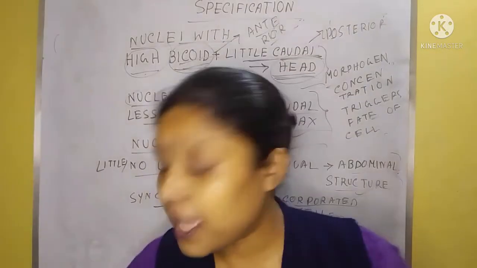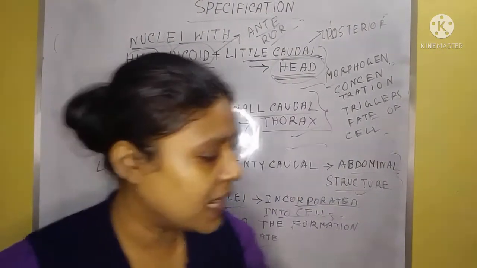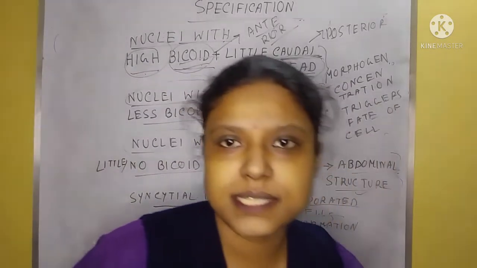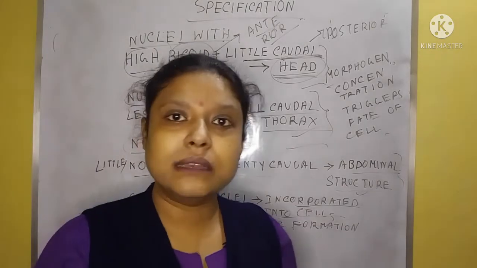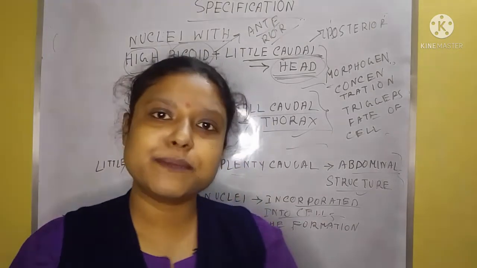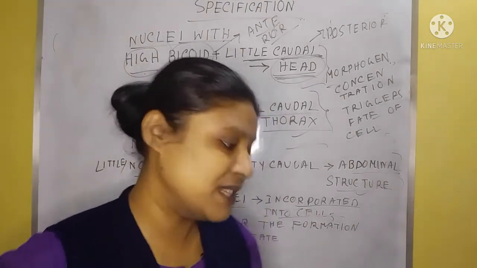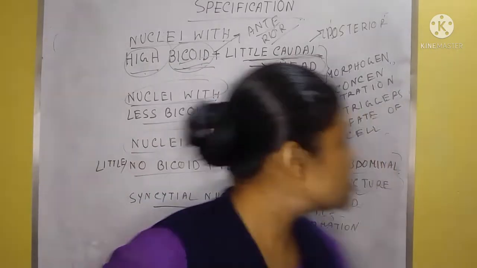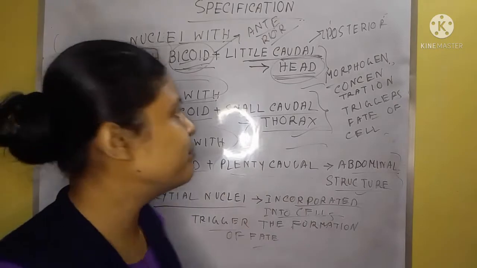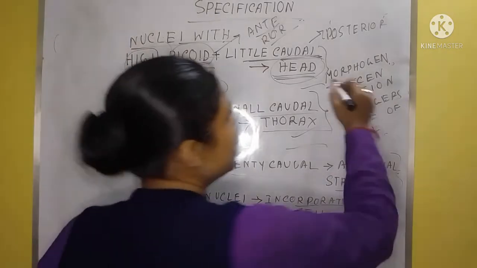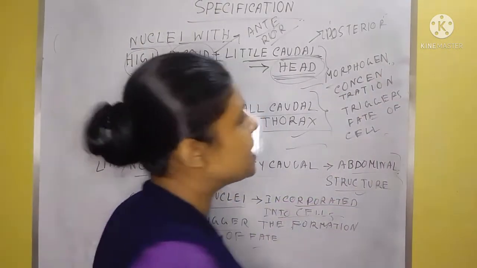Here I discussed the conditioned specification and the syncytial specification. Before that, in my previous video, I explained the autonomous specification, and I also briefly described what a morphogen is.